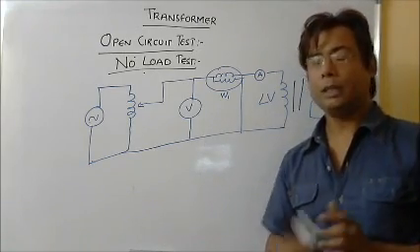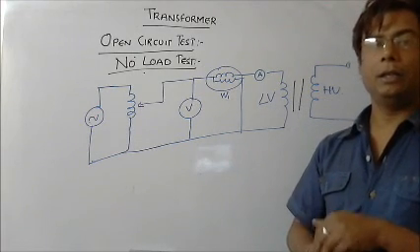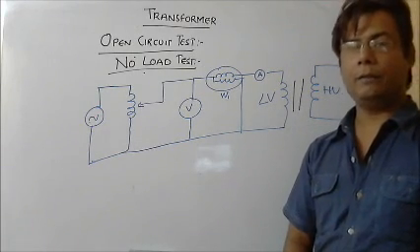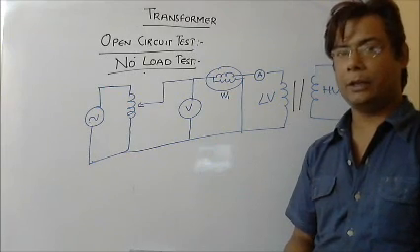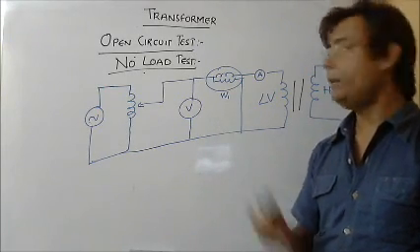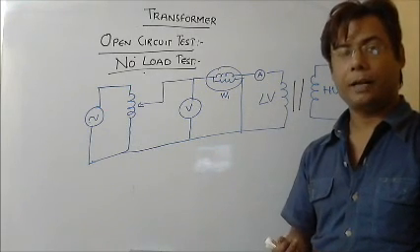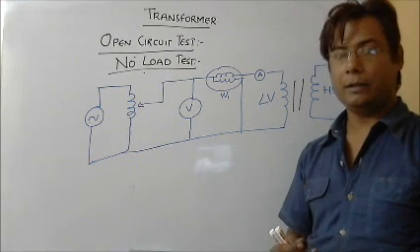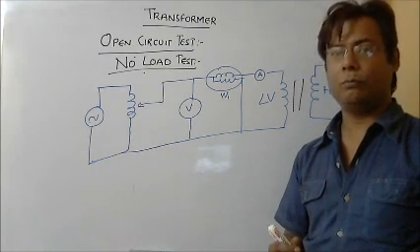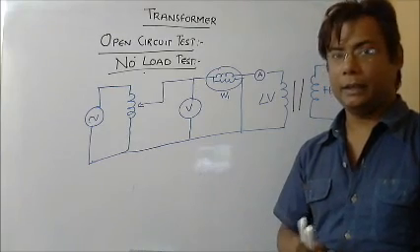Since the secondary is open circuit right now, a very low primary current I0 will be circulating, that is 2 to 6% of the total rated current.